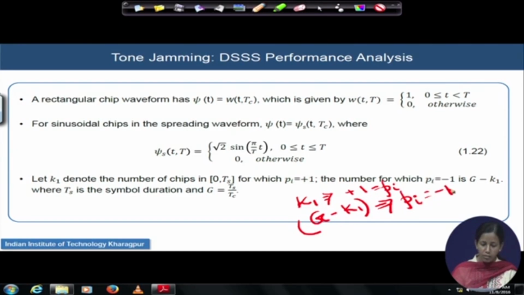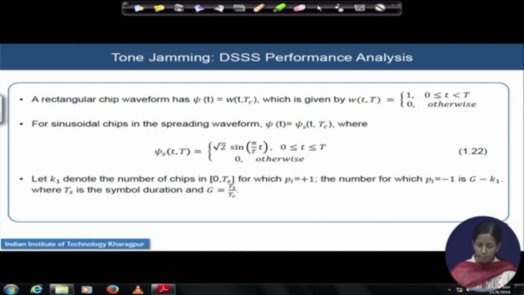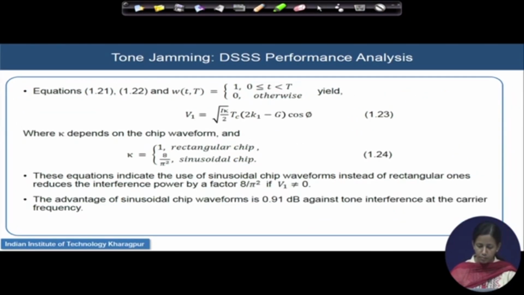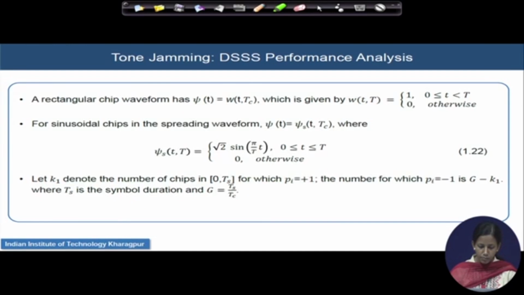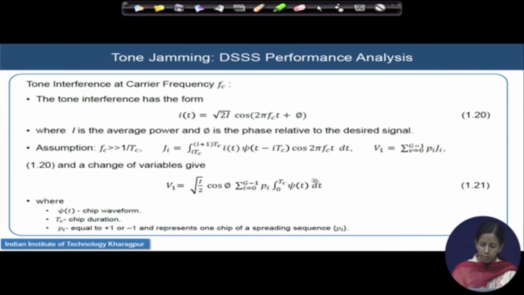With this consideration, if I substitute the value in the earlier slide, here if I substitute the value.